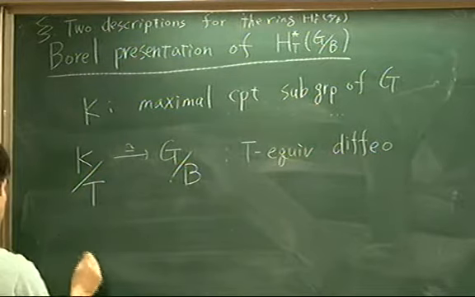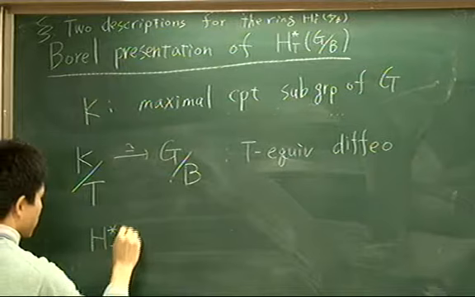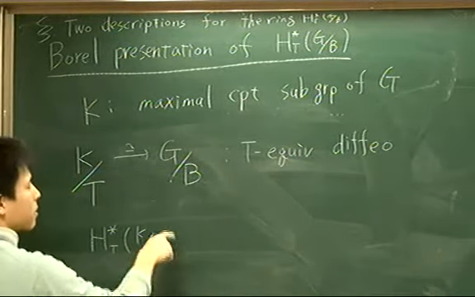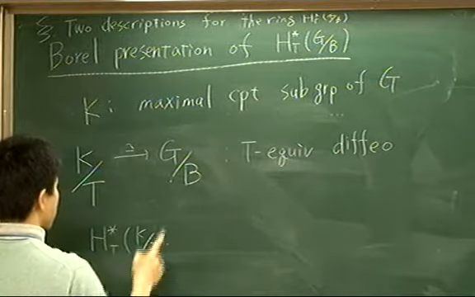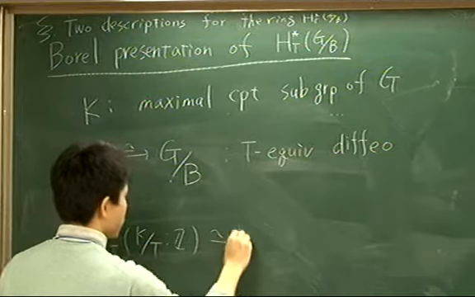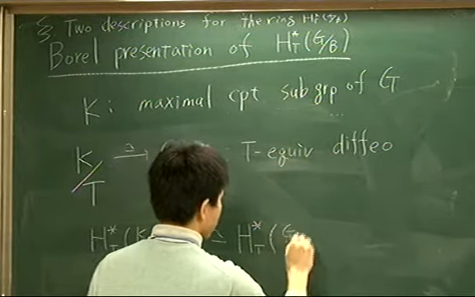So especially we can consider the equivariant cohomology of K over T, the compact presentation of the flag variety, instead of the original T equivariant cohomology of the flag variety.